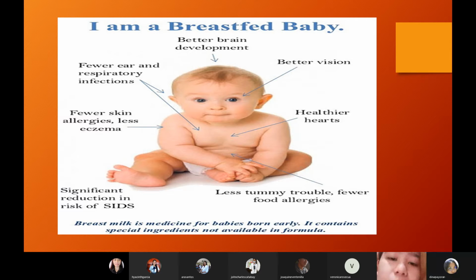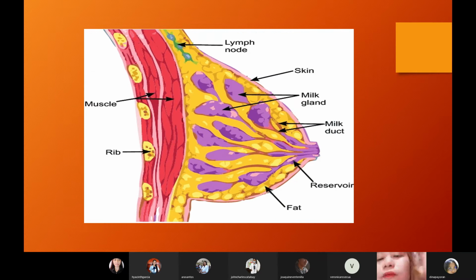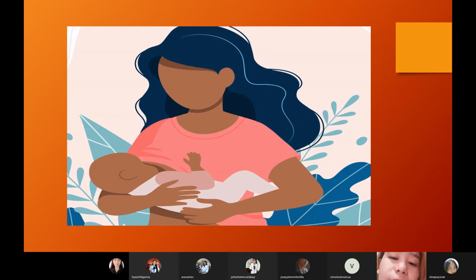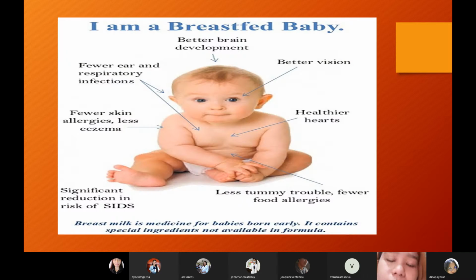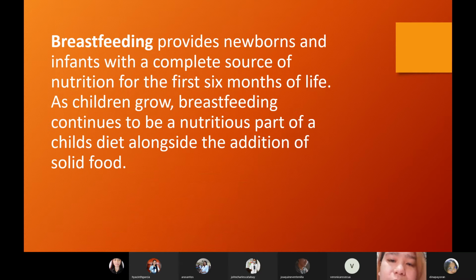So those pictures, from the anatomy of the breast, from the mother breastfeeding the baby, and from the baby who's being breastfed, relate to our topic for today. So breastfeeding provides newborns and infants with a complete source of nutrition for the first 6 months of life.